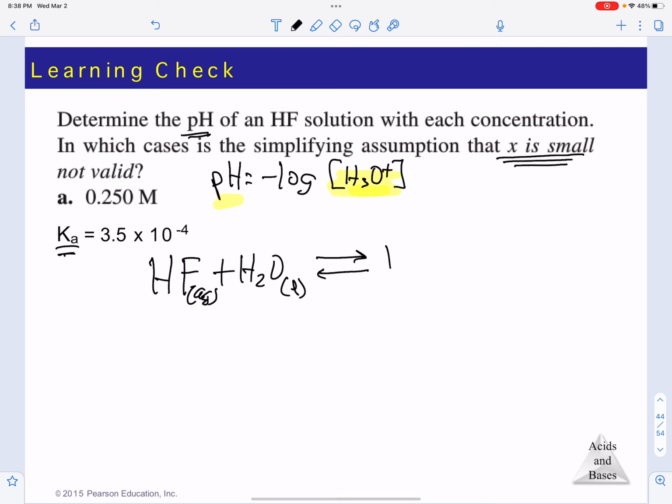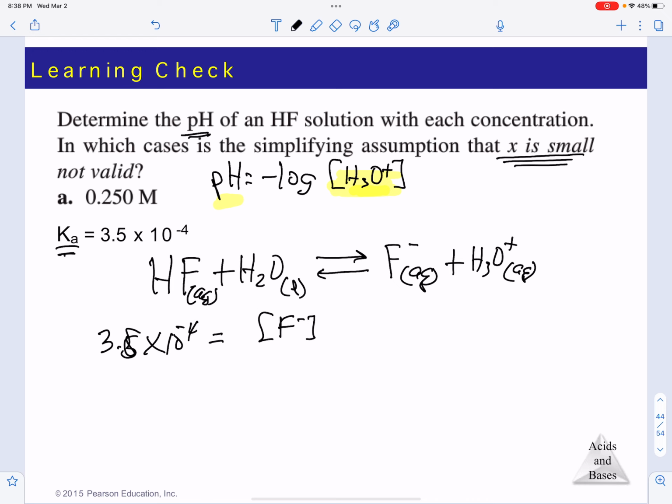It's going to behave like an acid, losing the proton, and the proton is going to go to the water, which is going to become hydronium. So Ka, which is 3.5 × 10^-4, is going to equal the concentration of fluoride times the concentration of hydronium over the concentration of hydrofluoric acid.